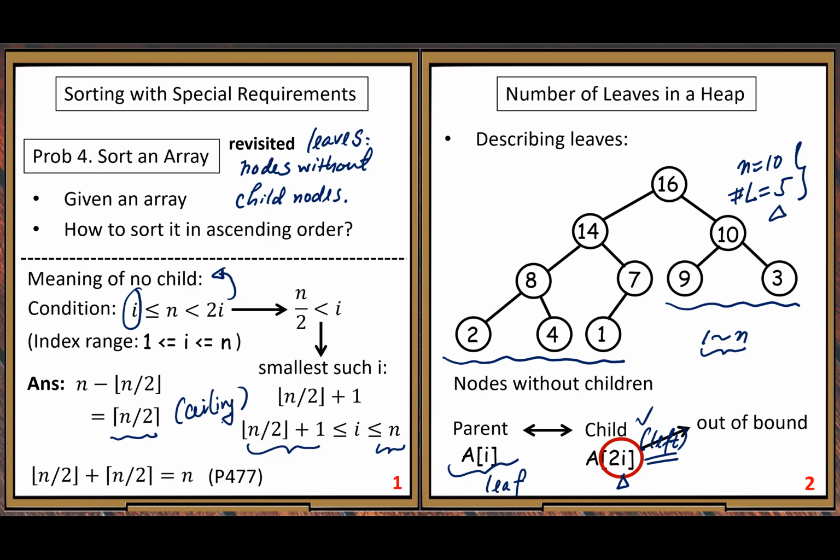Here I refer to our textbook, page 477, where this formula is given. If you want to prove it, that's pretty simple. Consider when n is an even number, it's easy to see both sides are equal. Then consider when n is an odd number, do some simple calculation, and you can also see both sides are equal. So it can be proved easily.